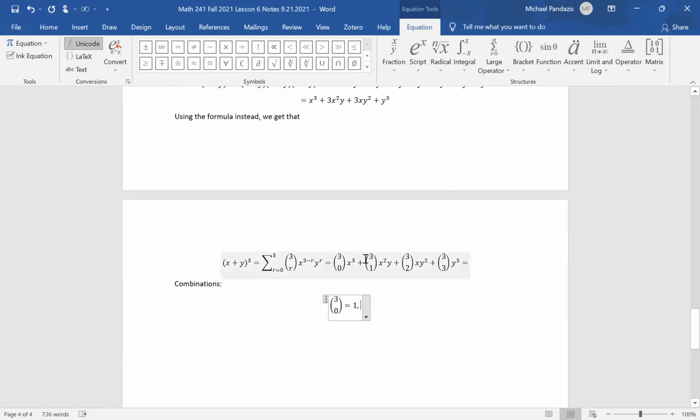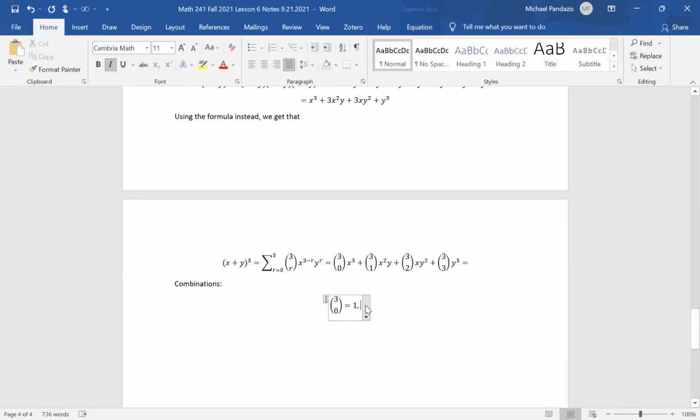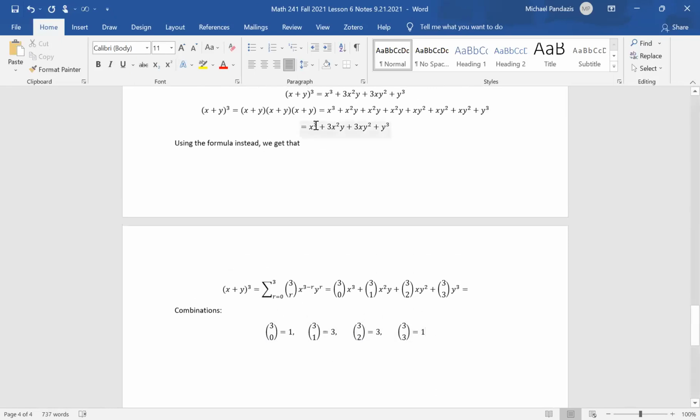Next class we'll talk more about this. 3C1 is equal to 3. 3C2 is equal to 3, and 3C3 is equal to 1. And so those are the coefficients, and the 1, 3, 3, 1 are the coefficients here.